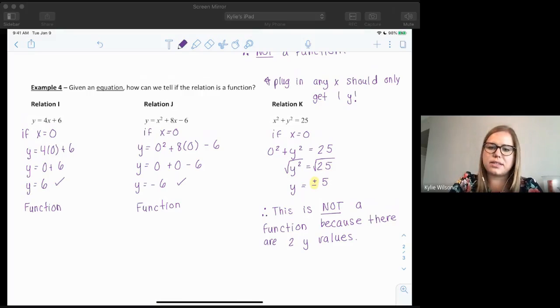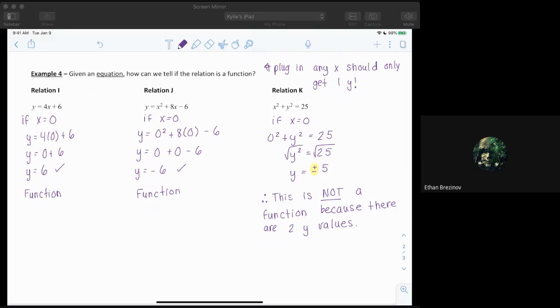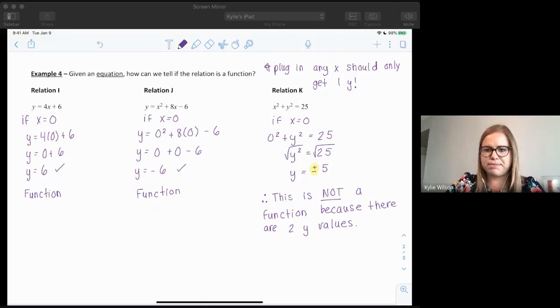But as long as all of your transformations are applied correctly, so they're all in the right spots, then if the parent function was a function, then you're still good to go, because all of those transformations will keep it as a function. Yeah, I'm trying to think. I don't think that there's any off the top of my head that would change that. But for the most part, you absolutely can. Okay. Thank you. No problem.